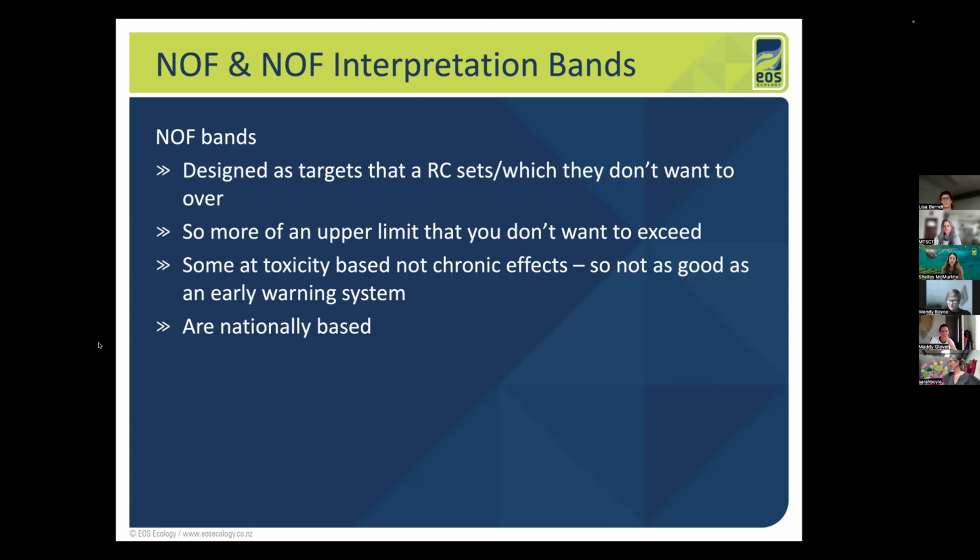So it's not good as an early warning system. If you're doing work with community groups, in my mind, you want to keep away from those, because that's your worst case scenario that you don't want to get to. The train has gone off the end of the cliff by that point. And all of these limits are obviously based on one value across the country, so they don't differ regionally.